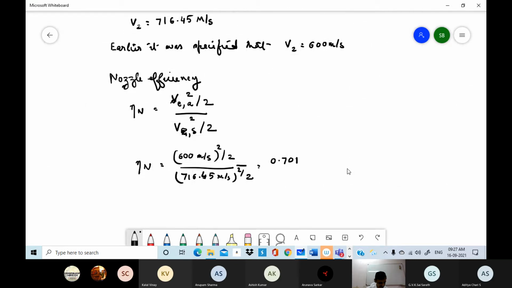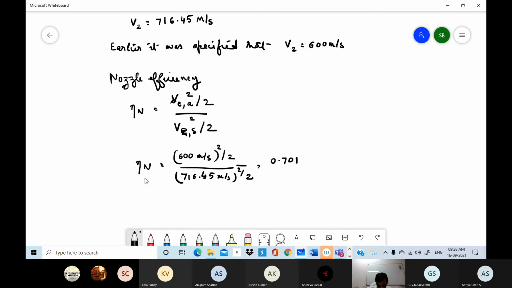Now, the discussion in the book says nozzles are simple devices with no moving parts. As a result, nozzle efficiencies may be very high, typically 0.90 to 0.97. So either the nozzle which gave us an exit velocity of 600 meters per second was an exceptionally badly designed nozzle, or the problem was a badly designed problem.